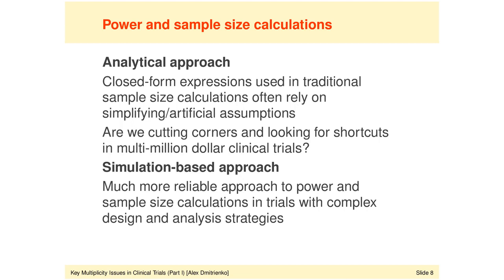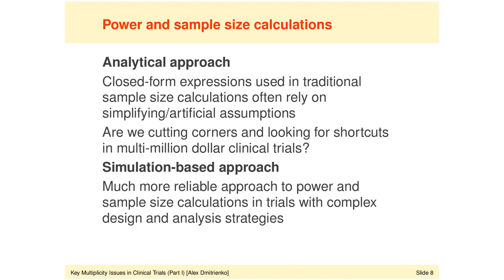And by making these simplifying assumptions, we begin to slowly deviate from the truth. One simplifying assumption is probably okay, but where exactly do we draw a line here? As statisticians, how do we justify those simplifying assumptions to our project teams? We may say that we made a few simplifying assumptions because we wanted to get a quick answer for our trials, but is it okay to cut corners in multi-million-dollar clinical trials?